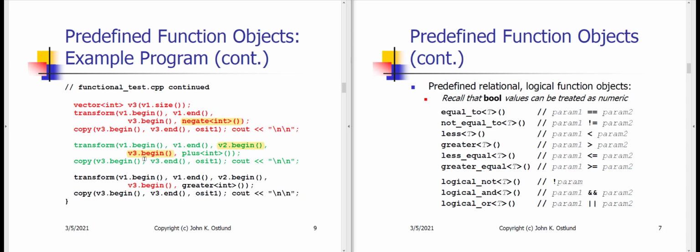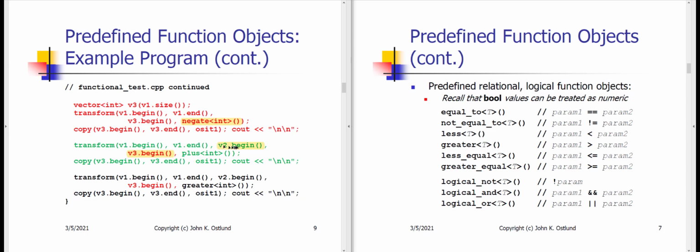And so if we give 5 arguments, the compiler calls the version of transform that takes a begin and end iterator for one input container and the begin iterator for another container. Now that container has to have at least as many values as the first container does, because we will go from v2.begin up through exactly as many values as exist in the first container.